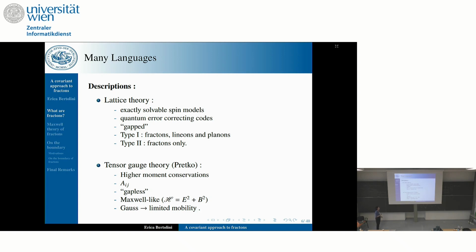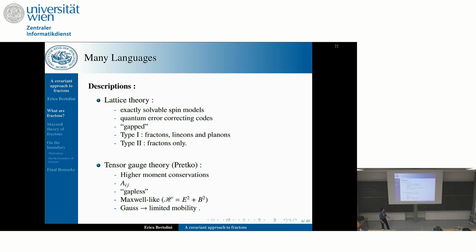And then there are also the tensor gauge theories that were mainly developed by Pretko, which are higher rank gauge theories, related to conservation of higher moments like dipole conservation, and are typically written in terms of rank 2 symmetric gauge fields.